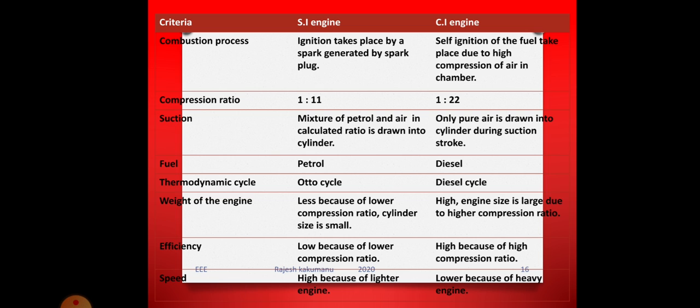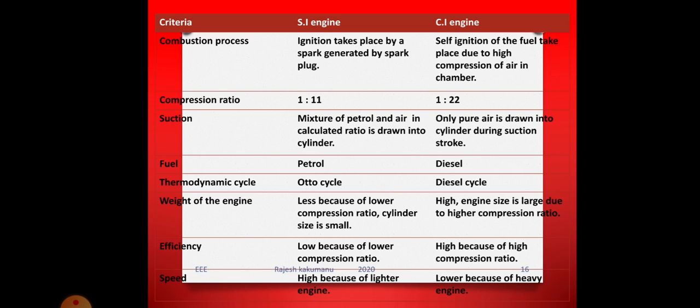Next, compression ratio. In the spark ignition engine, the compression ratio is very small. That is, the ratio is 1:11. Whereas in the compression ignition engine, the compression ratio is 1:22. Why?